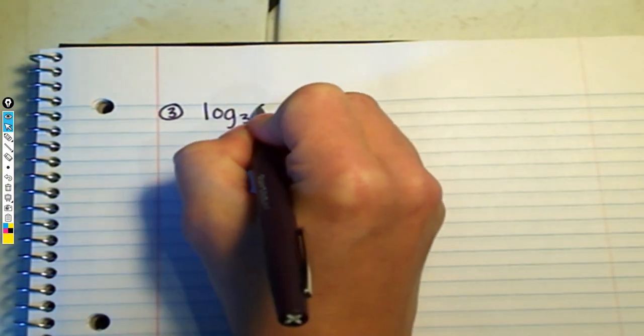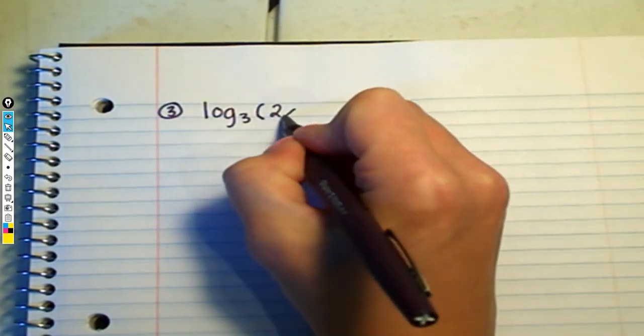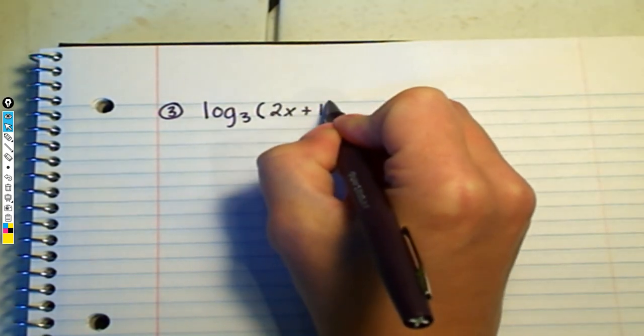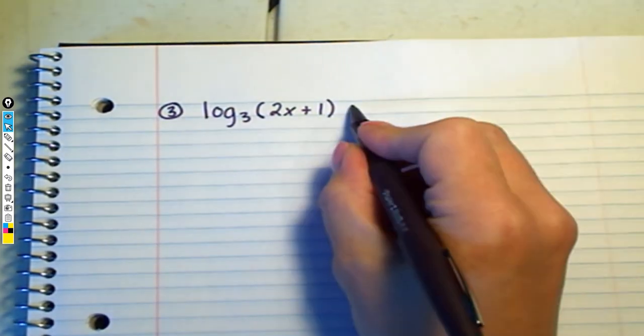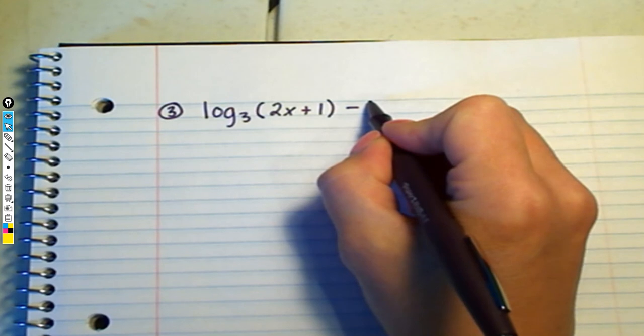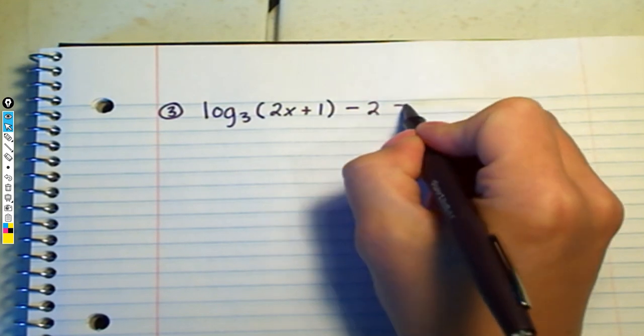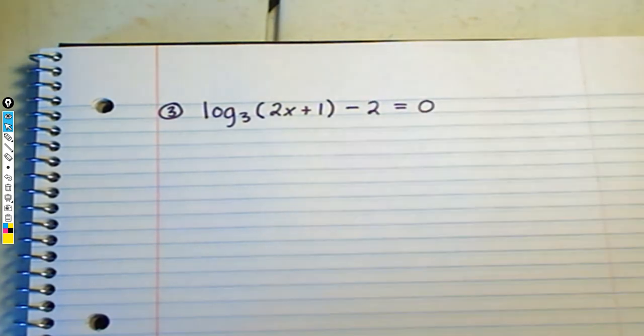Log base 3 of 2x plus 1, minus 2 equals 0.